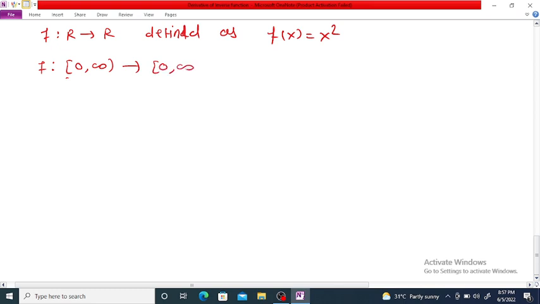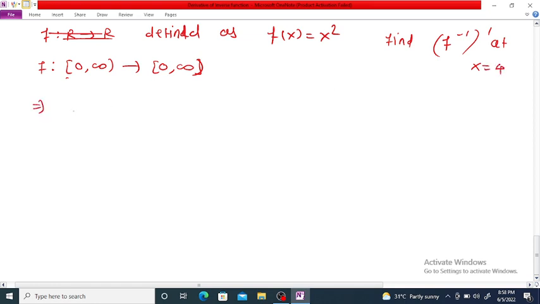Instead of R to R, we are going to write here 0 to infinity. Now f is a strictly increasing function, so its inverse function exists. Find f inverse derivative at x is equal to 4.